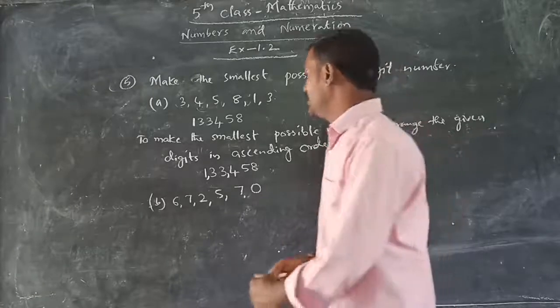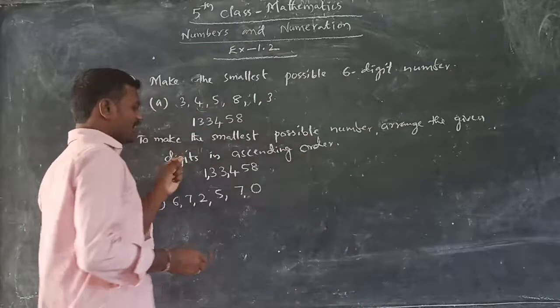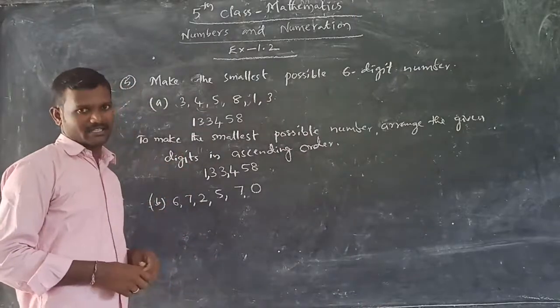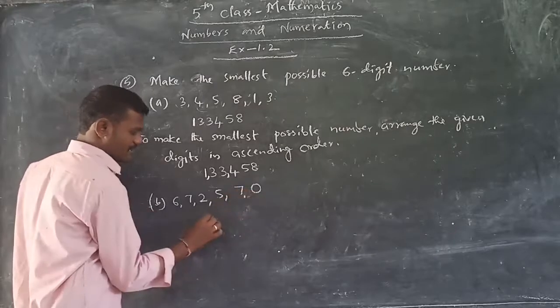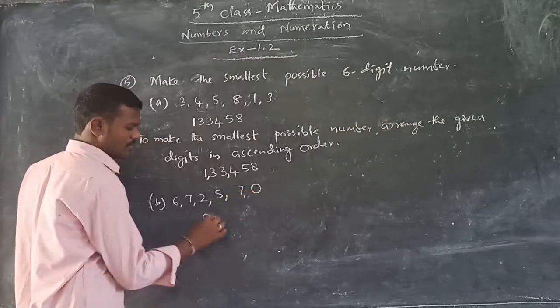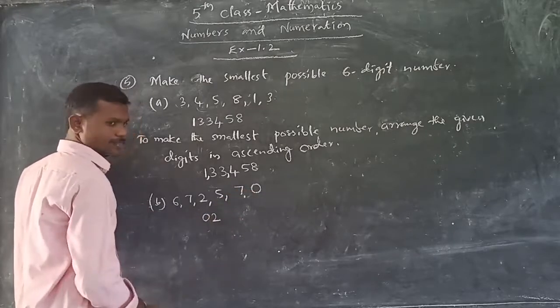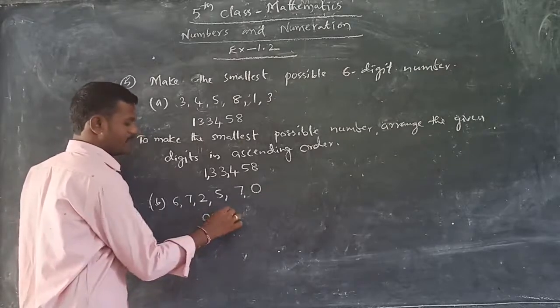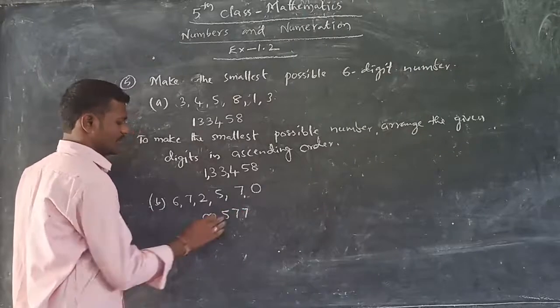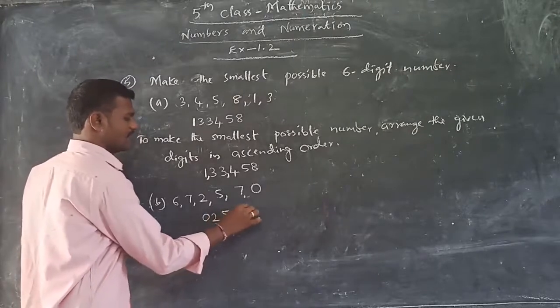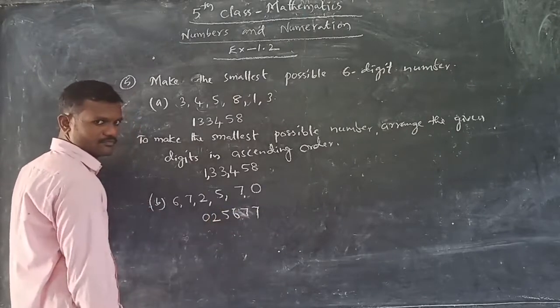I already said we have to arrange the given digits in ascending order. I am writing the ascending order here. First smallest number is 0. Next 2. Next 5. Next 6. After that 7 and 7.